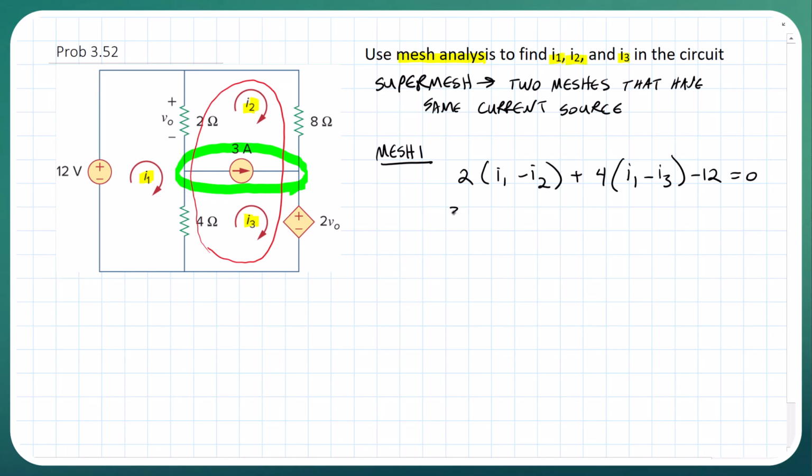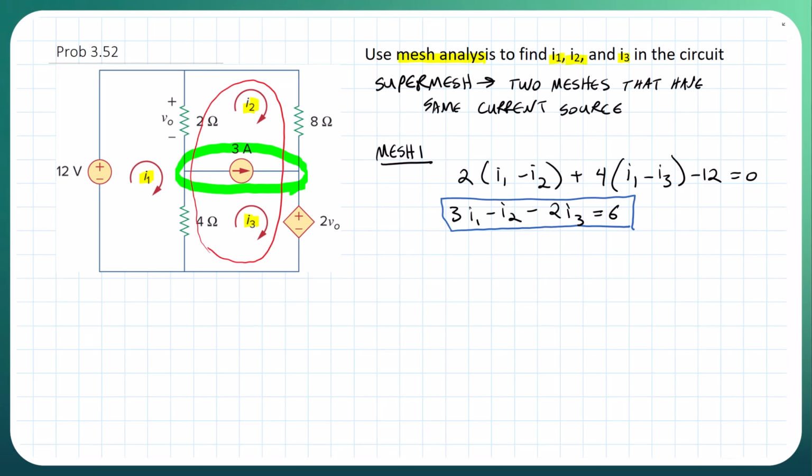We can rearrange this equation. 3I1 minus I2 minus 2I3 equals 6. So we'll set this equation here aside. Okay, and now let's deal with the two meshes on the right, or specifically the super mesh.